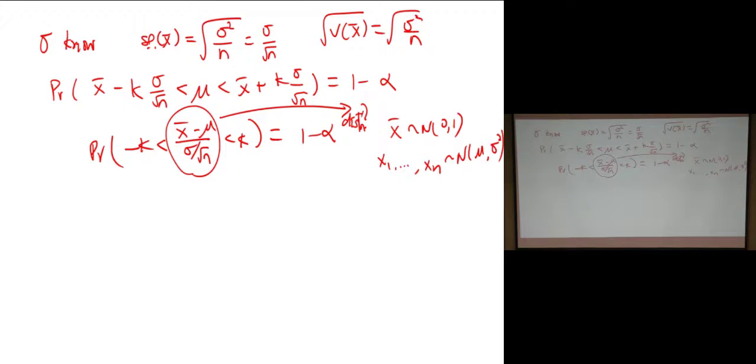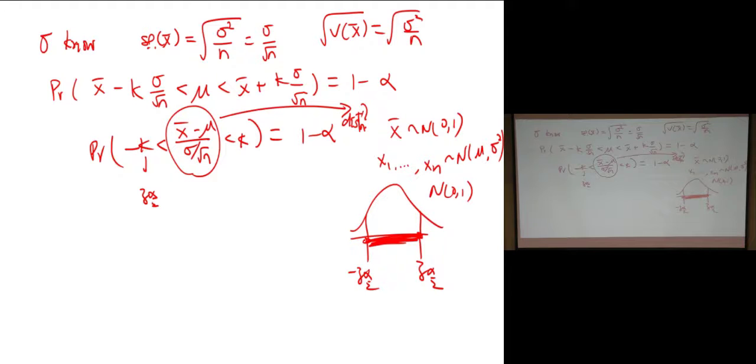Then k is just equal to z alpha over 2, which means that from a standard normal distribution, these are the two points, minus z alpha over 2 and z alpha over 2, such that the chance of the standard normal falling within here is 1 minus alpha. This part is alpha over 2, and this part is alpha over 2.